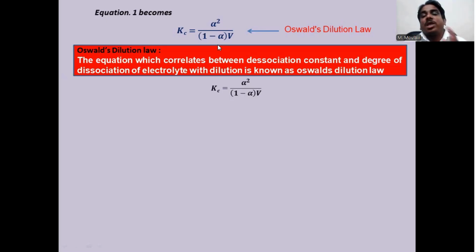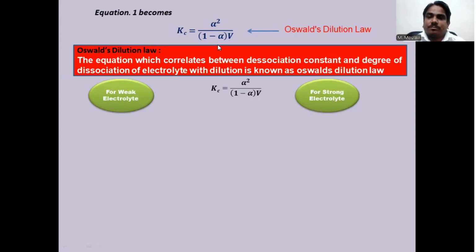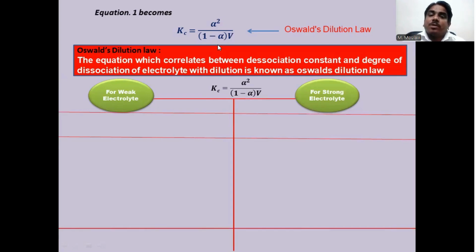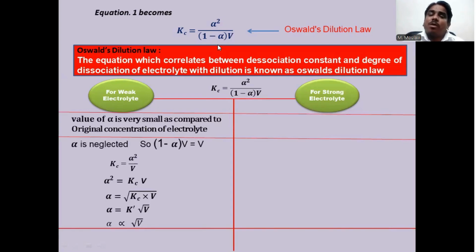We are comparing the equation for the strong electrolyte and the weak electrolyte for Ostwald dilution law. First, for the weak electrolyte, the value of alpha is very small as compared to the original concentration of electrolyte. So the degree of dissociation, alpha, is neglected as compared to 1.